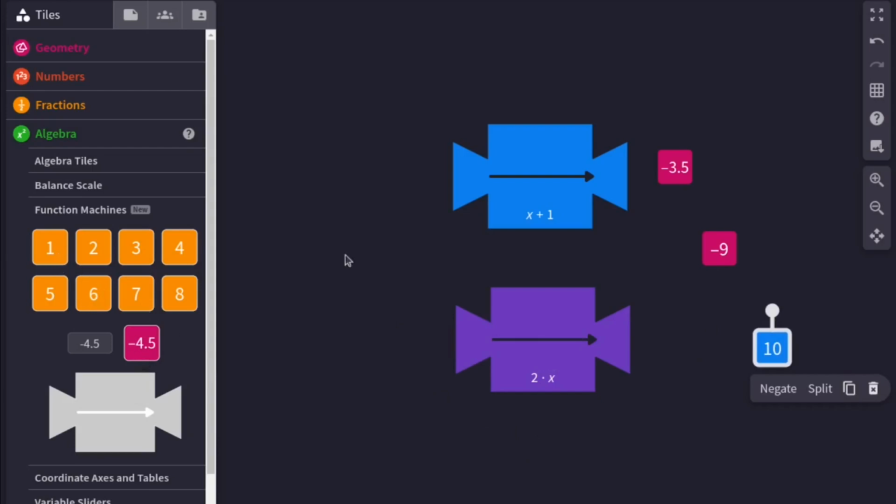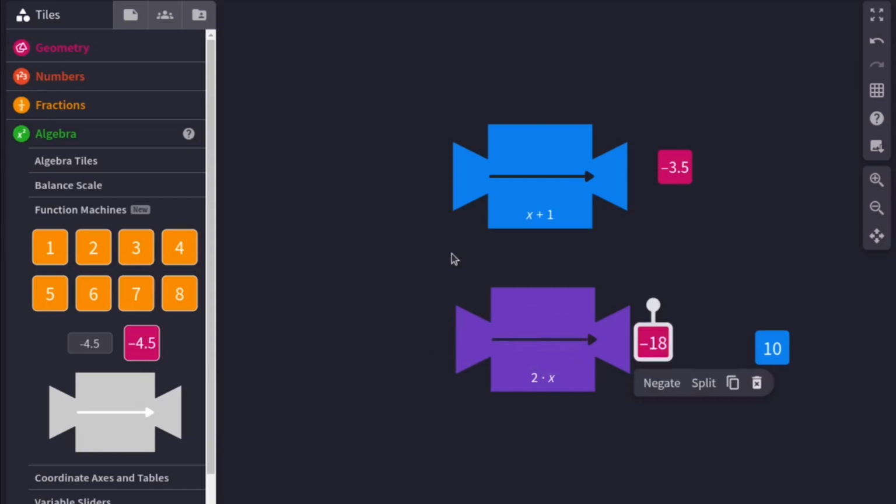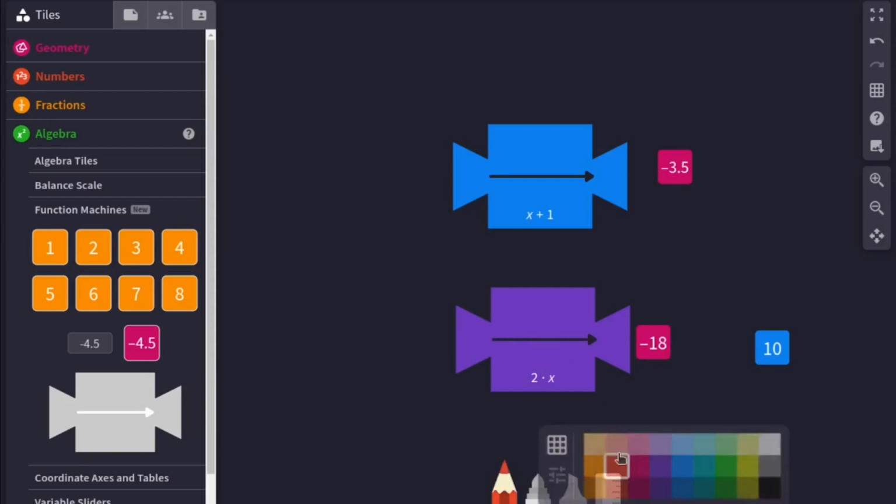And if you had, for example, a negative number, you multiply by 2. I could label these functions as f and g. There are 2 different functions, so I'm using 2 different letters.